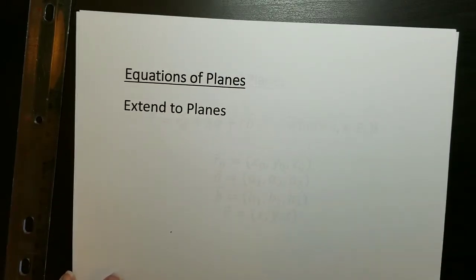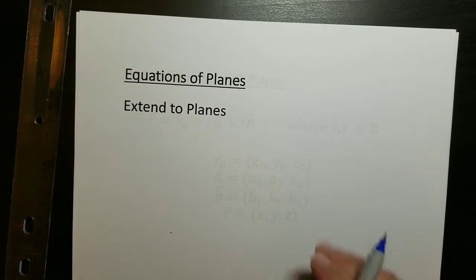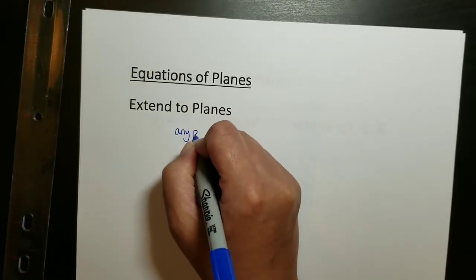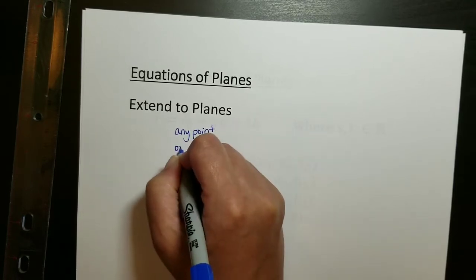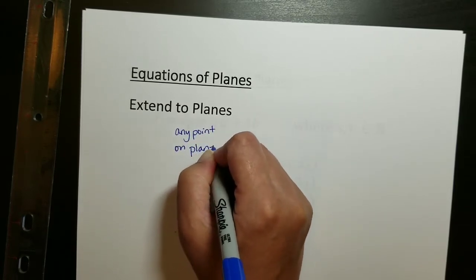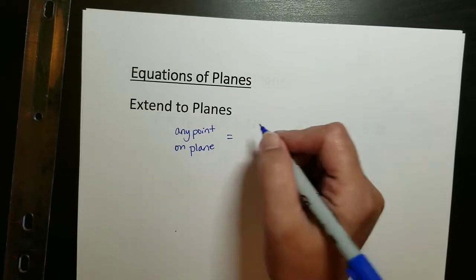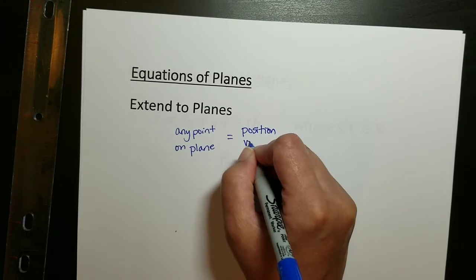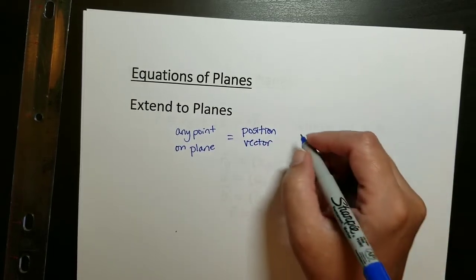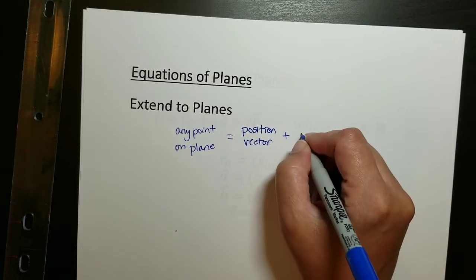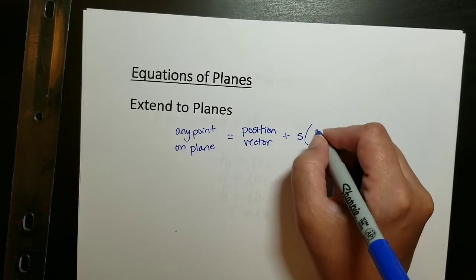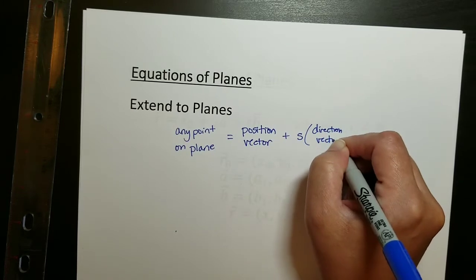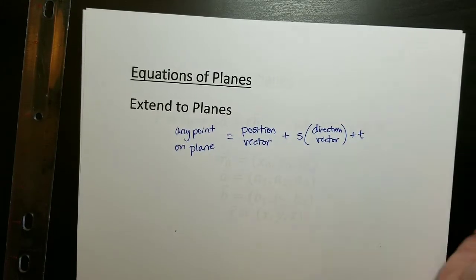So here, the general equation of a plane is going to be any point on the plane will equal the position vector plus we're going to have two different parameters.